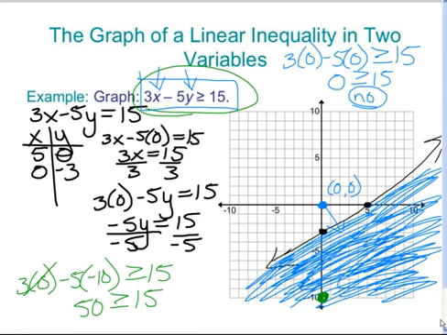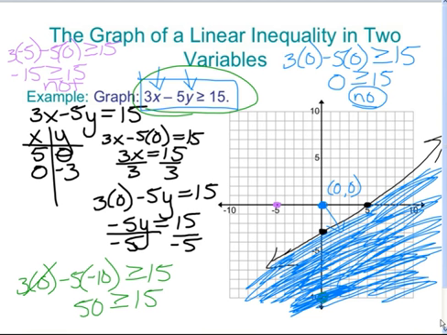Now, you knew that because it was shaded. On the other hand, if I were to choose a point over here, like (-5, 0), and plug that point in, I have 3 times negative 5, and I'm going to plug in 0 for y. 3 times negative 5 is negative 15, subtract 0, and you see that this is not true.